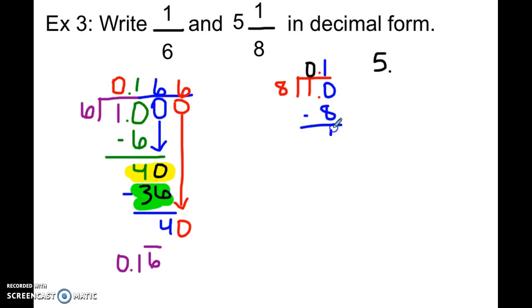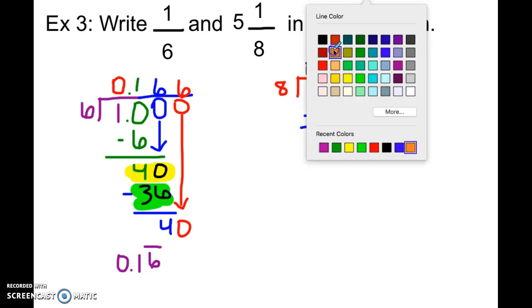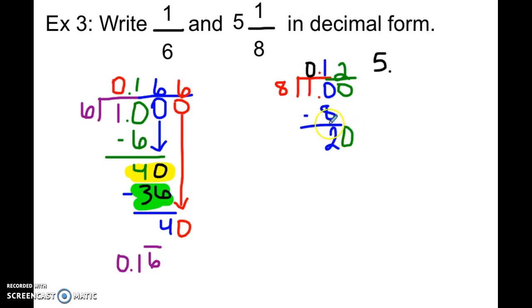10 minus 8 is 2. Got a 0 that I need to add, bring that down. 8 goes into 20 two times, which is 16. 20 minus 16 leaves me with 4.